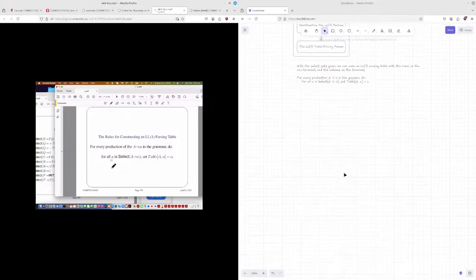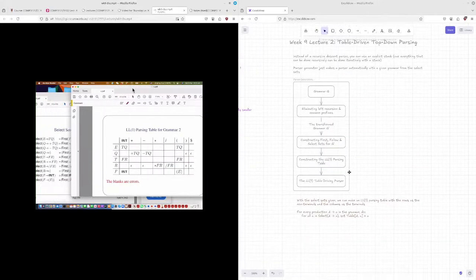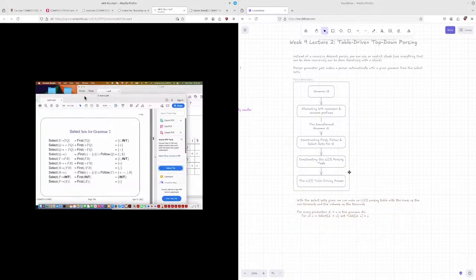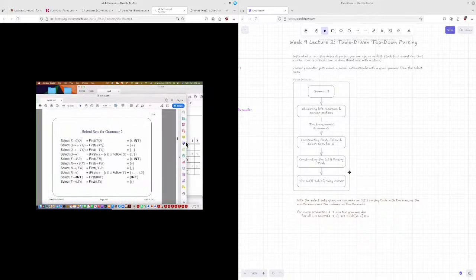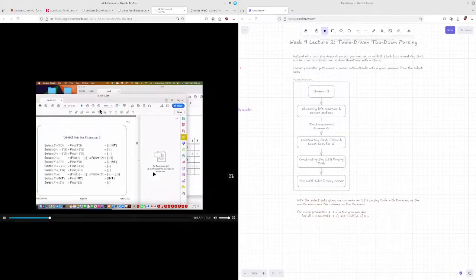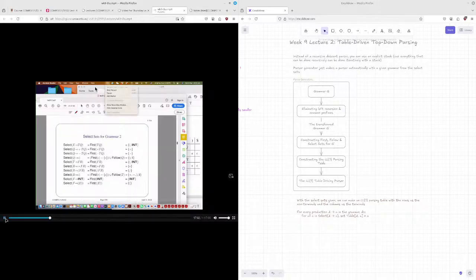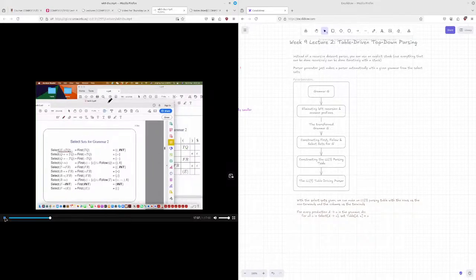So what that means is, let's just try a few. Now what is this one? We just look at this production. How do we enter the information for that select set?